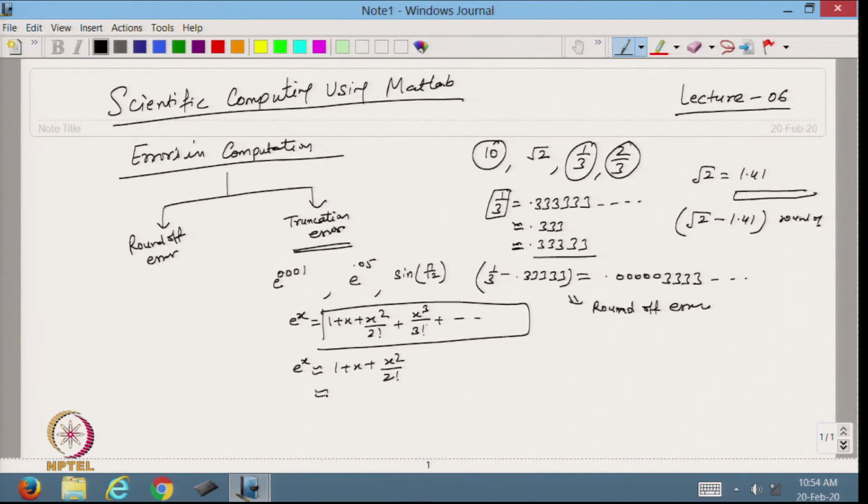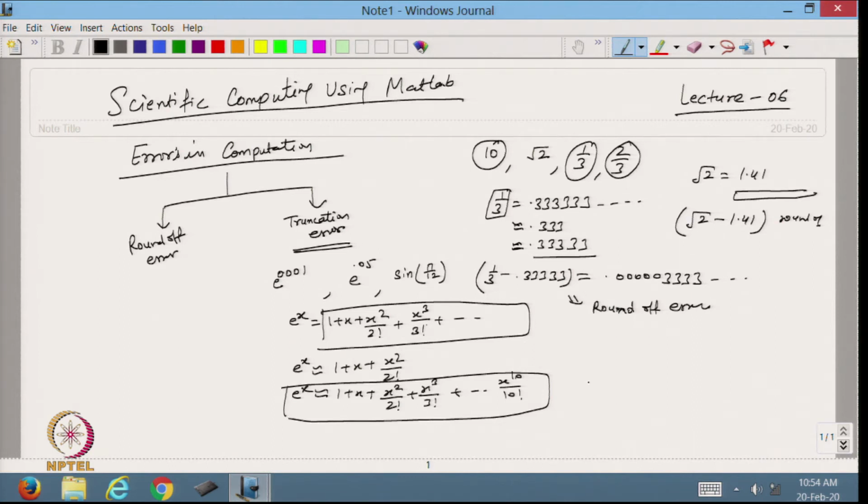Or if I want more accuracy, I will take more terms, x cube by 3 factorial, and suppose I go up to x to the power 10 by 10 factorial. In this case I am approximating the exponential function with a polynomial of degree 10.